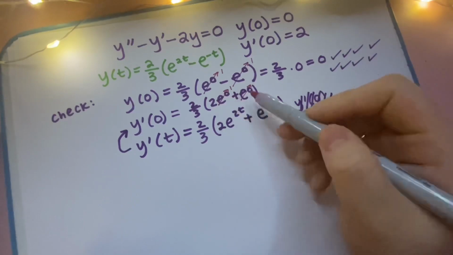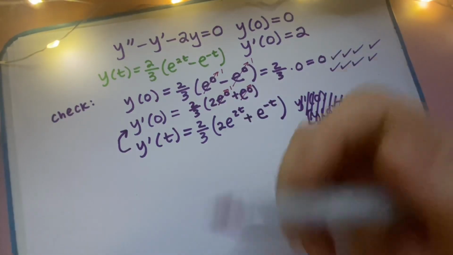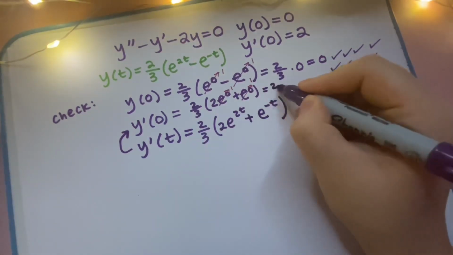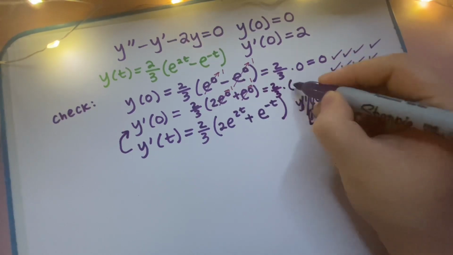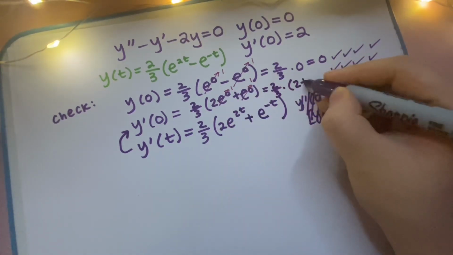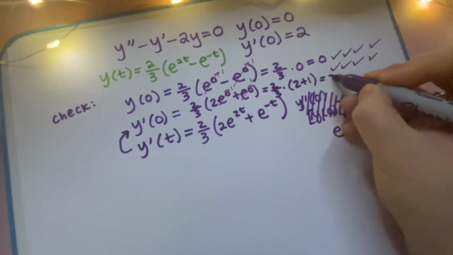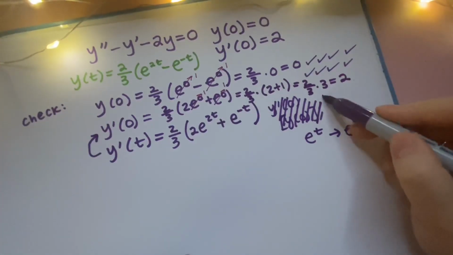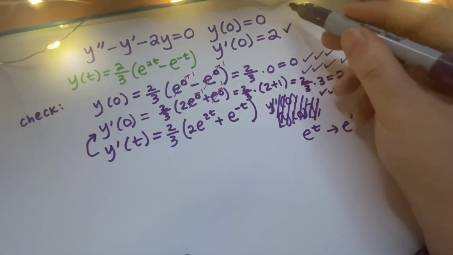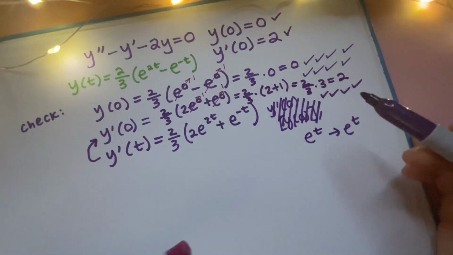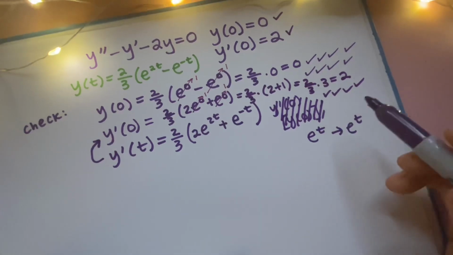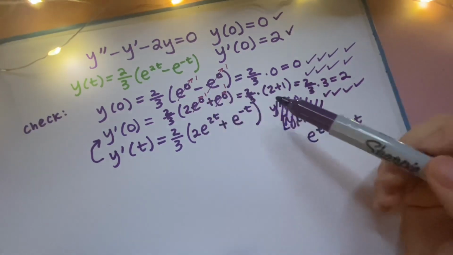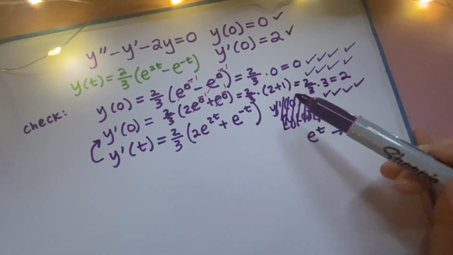So we have 2 times 1 plus 1. So e to the 0 is 1. We have 2/3 times 2 times 1 is 2, plus 1, and that equals 2/3 times 3, which equals 2. So that is indeed, we got this part and this part. So that's great. That is the nice part about initial values: you're usually talking about t equals 0, and dealing with 1s and 0s is really nice.